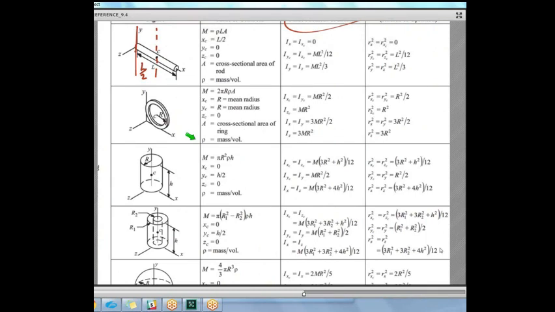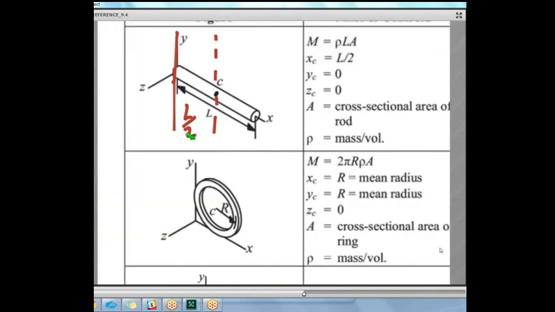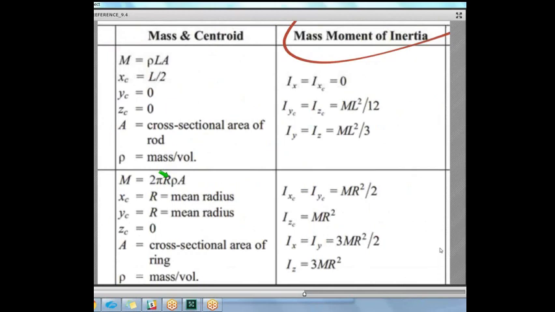If we're spinning that rod about the y-axis that they've defined over there at the edge, then it's kind of hard to spin it. A third of its mL squared. So m is its mass, L is that length dimension. We're going to take mL squared and divide it by 3. That tells us how hard it would be to spin it about the end of that rod over here.